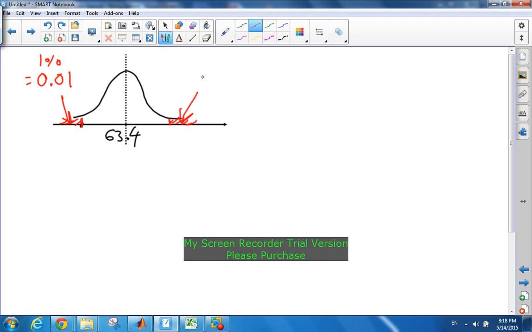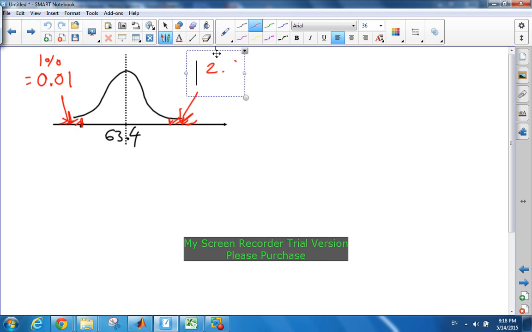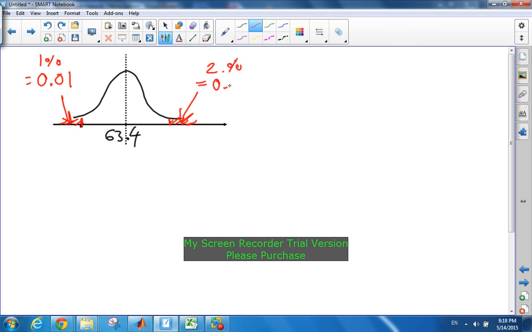So this probability is 2%, or in other words 0.02. Okay, so the question is, what are these numbers, this one and this one?